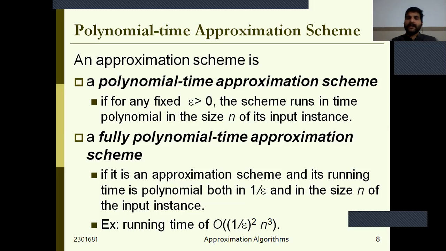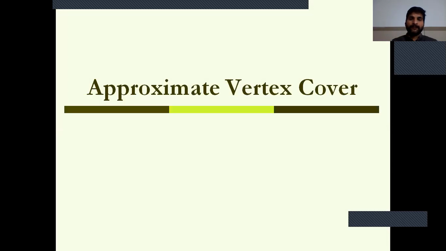It is a fully polynomial time approximation scheme if it is an approximation scheme and its running time is polynomial both in 1 upon epsilon and in the size n of the input instance, for example a running time of (1 upon epsilon) squared multiplied by n cubed. This is the total cost.